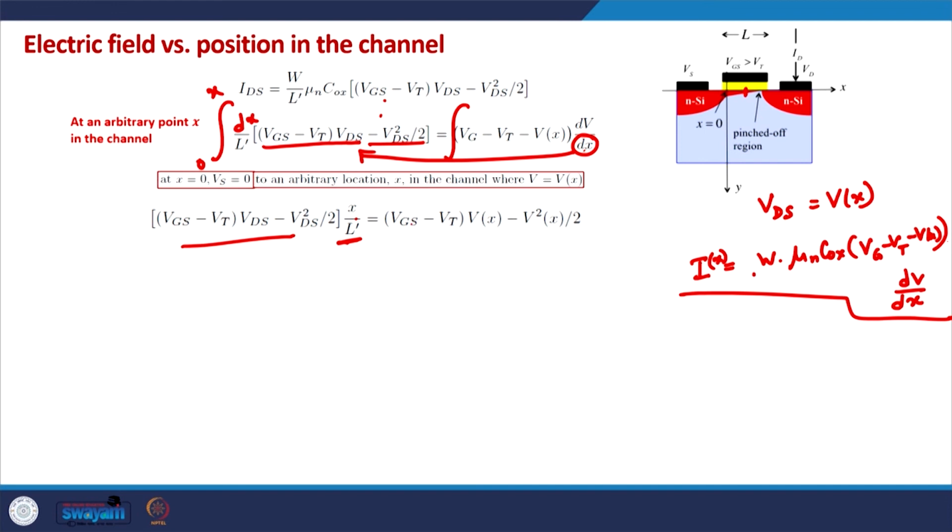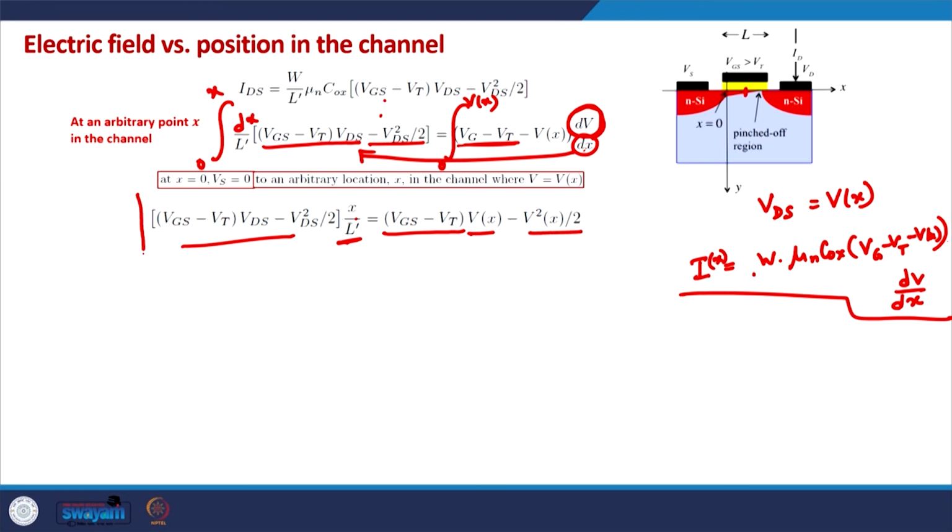On the right side we will have Vgs minus Vt, the integration is with respect to voltage, from 0 to Vx times Vx minus Vx square by 2.